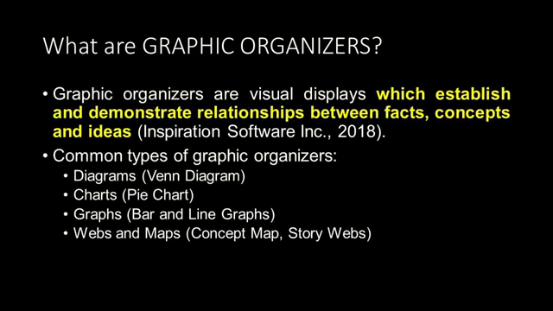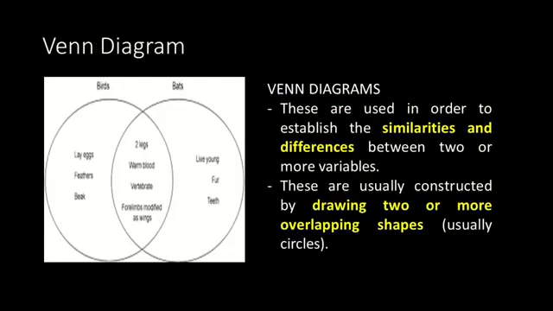So let's discuss these common types of graphic organizers, how they are used, and how they are constructed. We begin with diagrams, specifically with Venn diagrams. These are used in order to establish the similarities and differences between 2 or more variables. And we construct these diagrams by drawing 2 or more overlapping shapes, and most of the time we use circles.